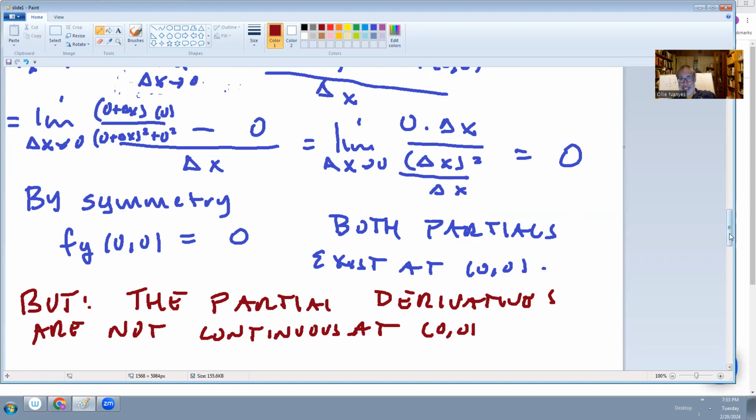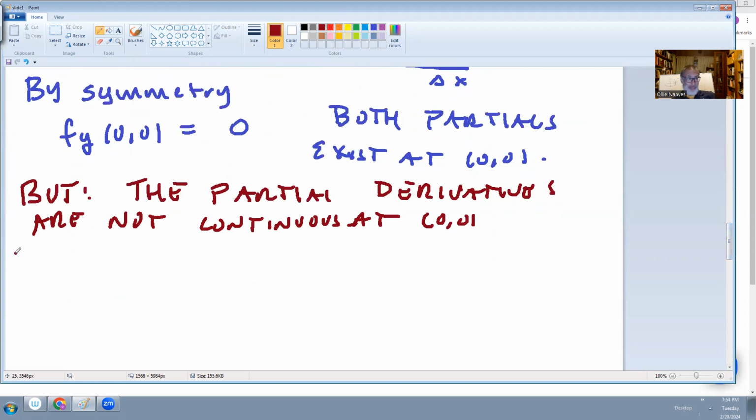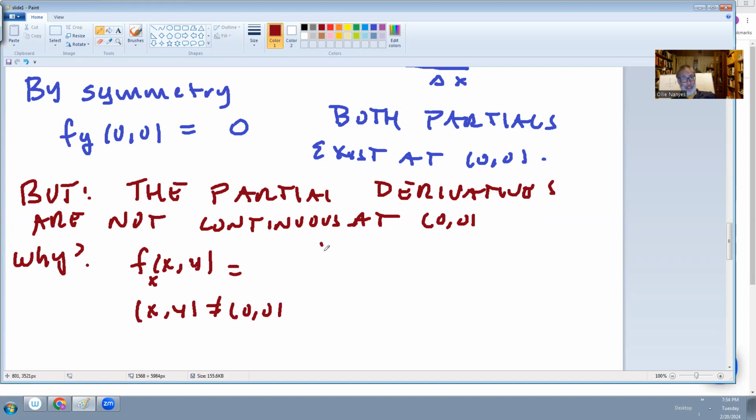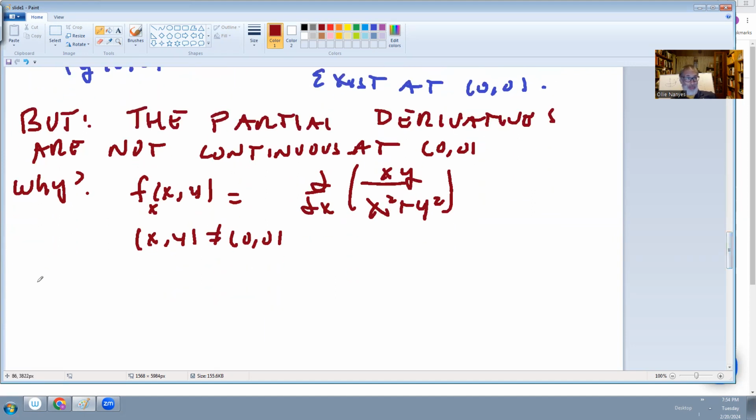Now, why is that the case? Well, once again, let's look at the x and then we can get the y by symmetry. If we wanted to calculate this partial using a formula, so this is for (x, y) not equal to (0, 0), we just partially differentiate the expression xy over x squared plus y squared. So then we're back to just plain old calculus 1 derivative.